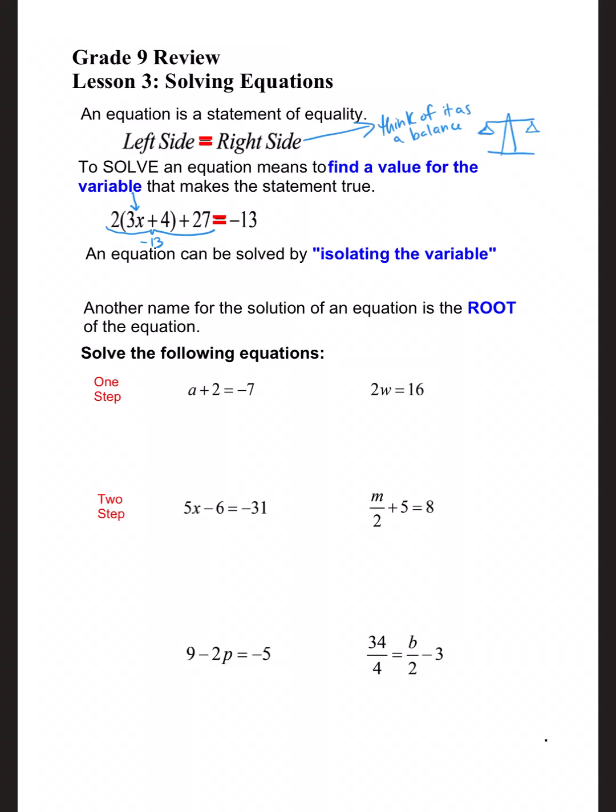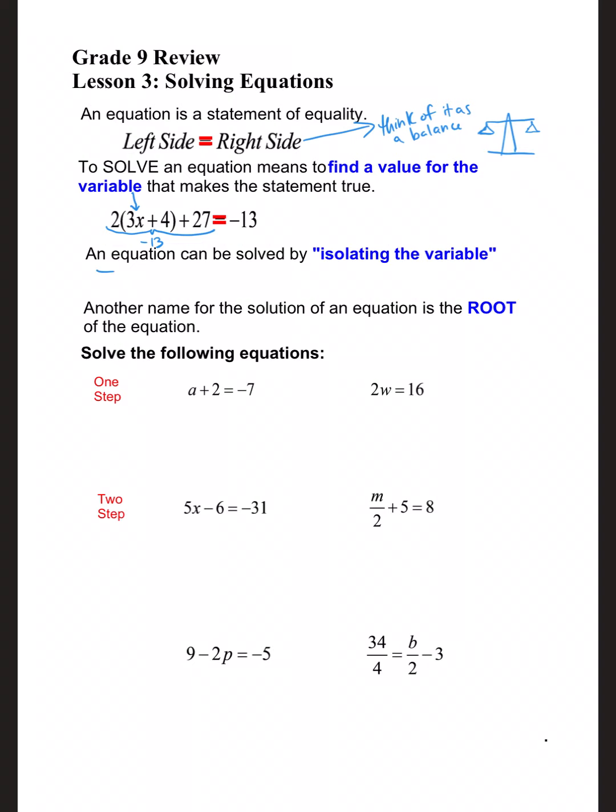An equation can be solved by isolating the variable. What that means is that we're going to remove all the other numbers that are on the side with the variable in order to figure out just what x is. If we can move everything else away from it, then we're going to be left with x equals some value.